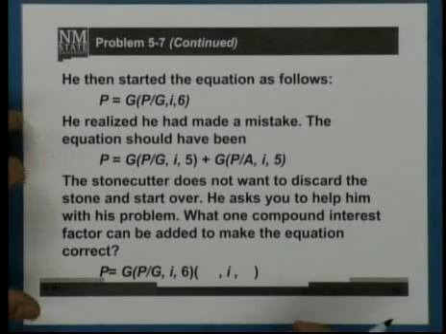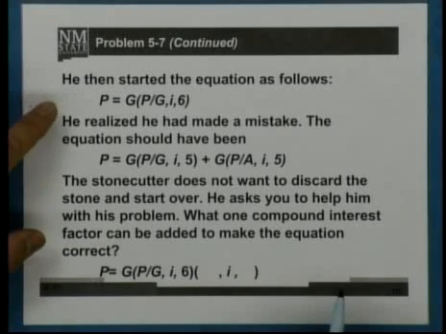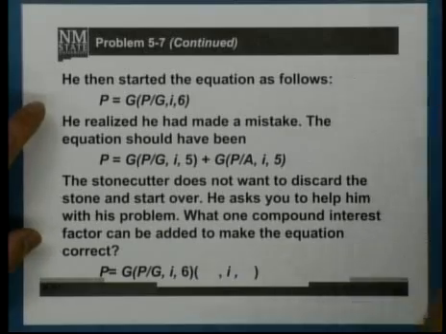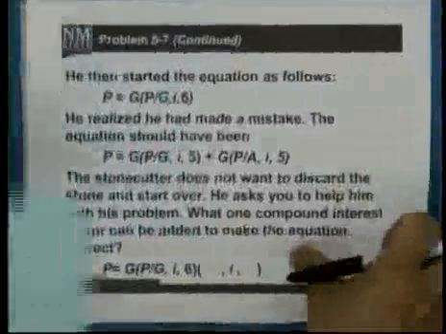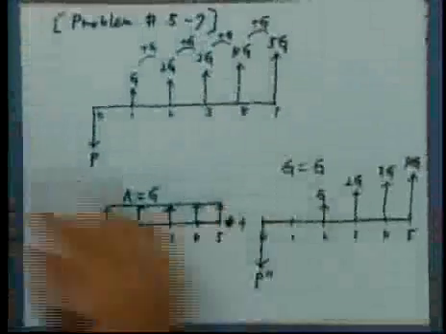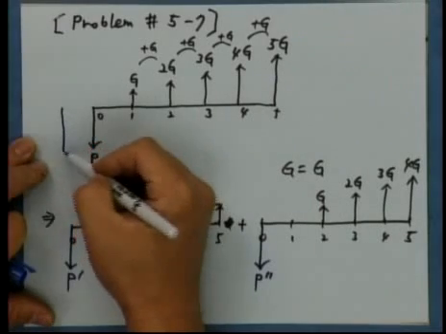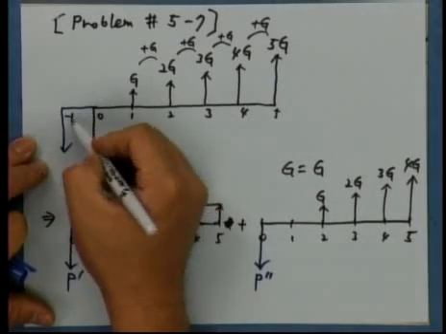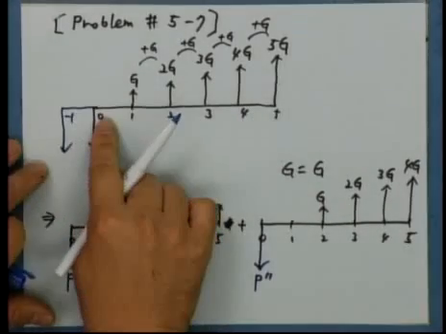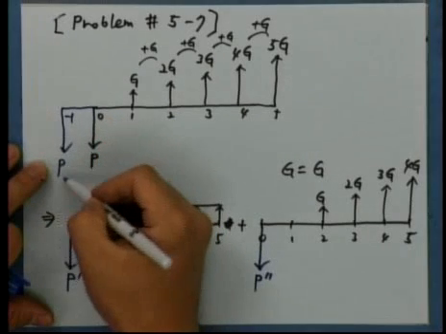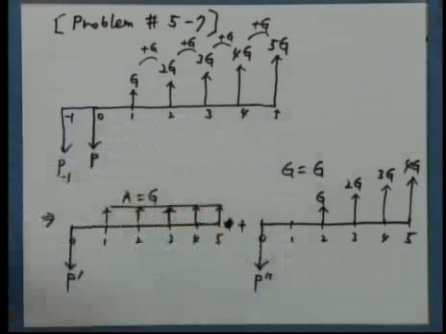And the equation by stonecutter placed the present value P in period -1, actually, instead of period 0. So let's say this is P sub -1.